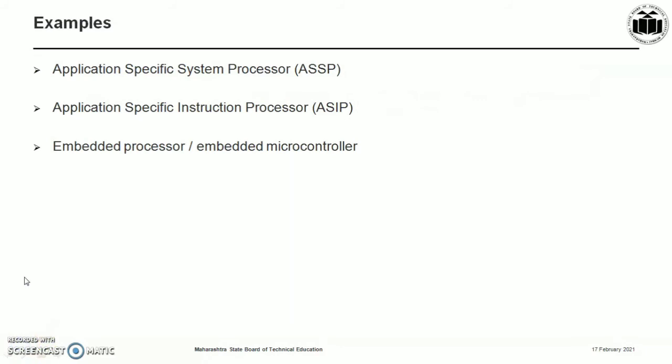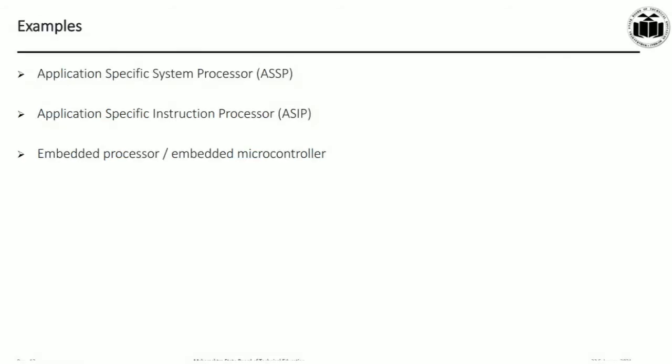We'll see some examples. Application Specific System Processor, ASSP, is dedicated for faster processing and useful for applications like real-time video processing, which incorporates lots of processing before transmitting. Application Specific Instruction Processor, ASIP: for a number of applications, a general purpose processor core may not be a suitable solution.